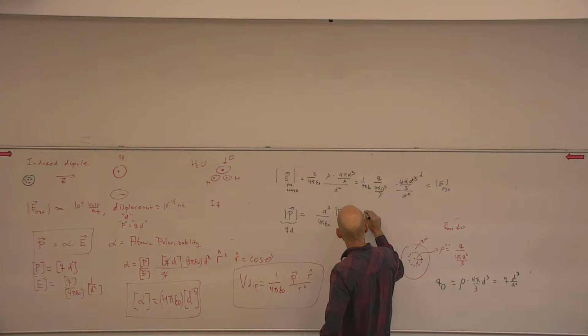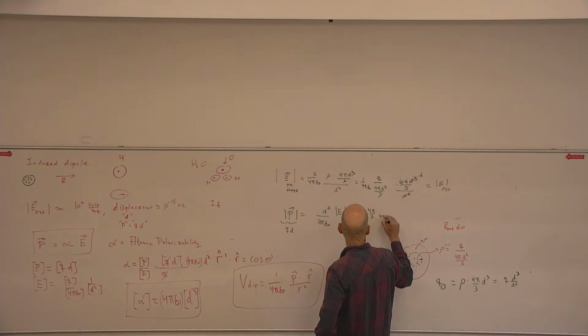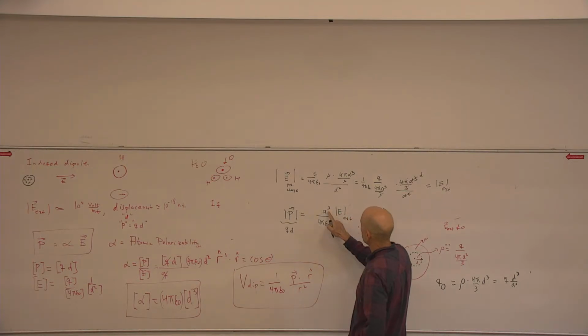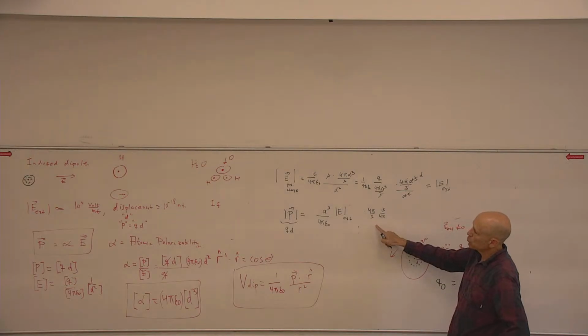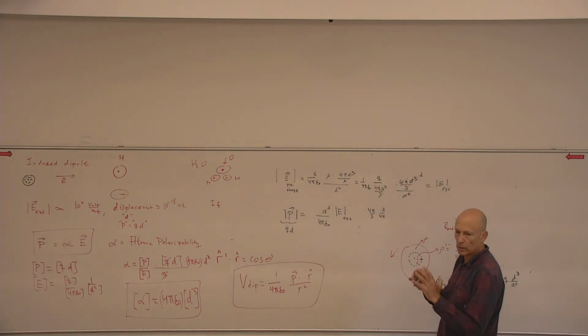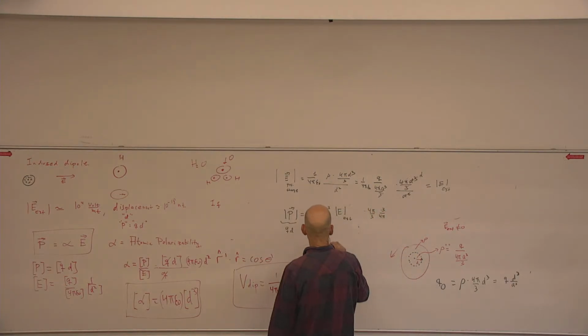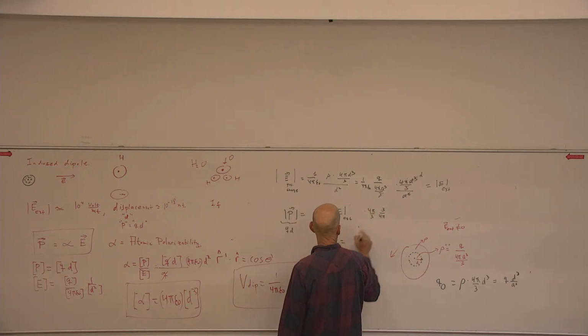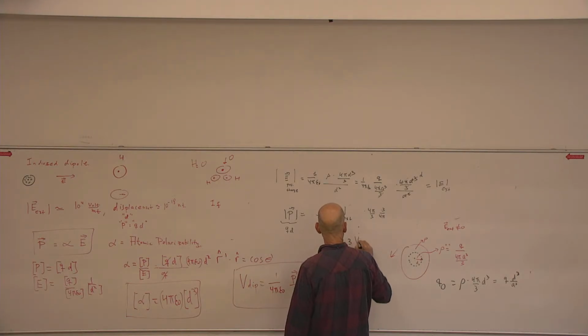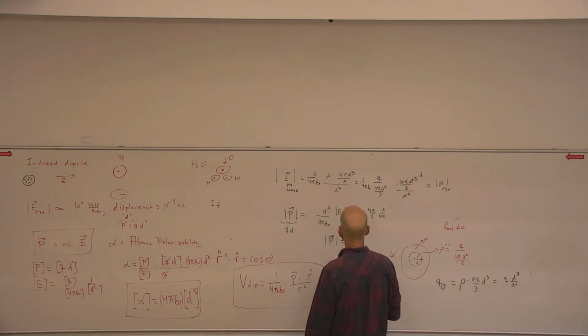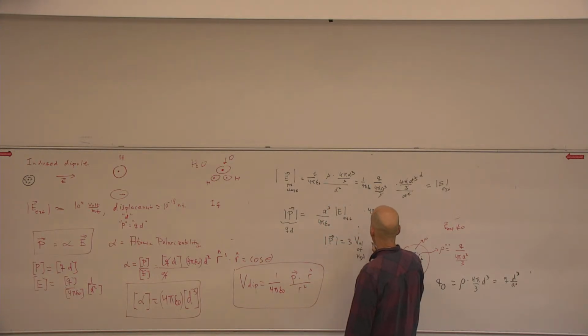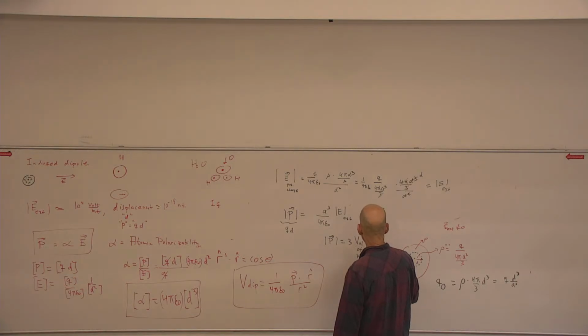Now I can multiply by 4 pi over 3 and divide by 4 pi over 3. Then I'll get a to the power 3 times 4 pi over 3. That is what? The volume of the hydrogen atom, more or less. So P in absolute value is the volume of the hydrogen atom times the external field divided by 4 pi epsilon.